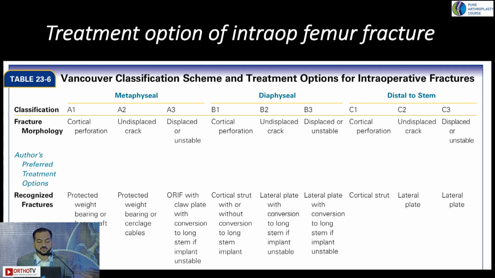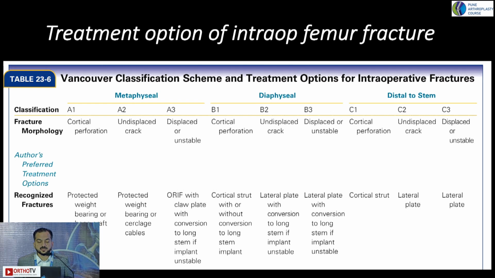In A2 undisplaced crack, protected weight bearing or cerclage cables if you detect it intra-op. But in A3 type, displaced or unstable, you need open reduction internal fixation with a claw plate, with conversion into a long stem if the implant is unstable.